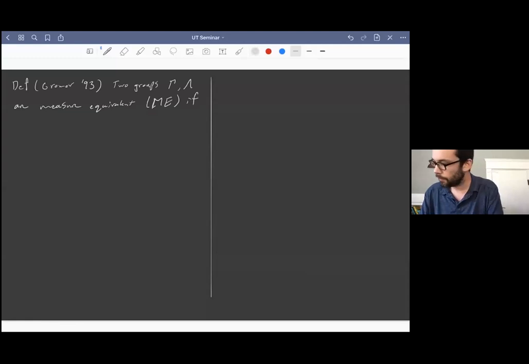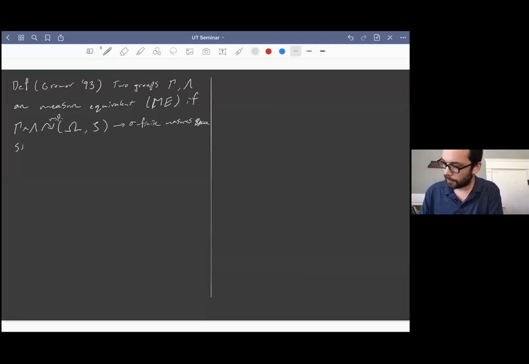they act in a commuting way, so we have an action of the product on some infinite measure space, say omega, mu, so this will be a, say, sigma-finite measure space. And this is a measure preserving action.